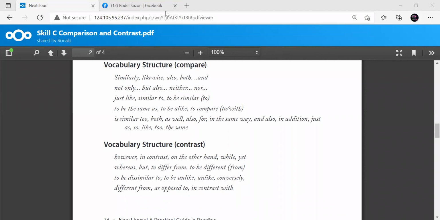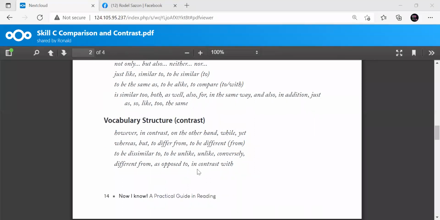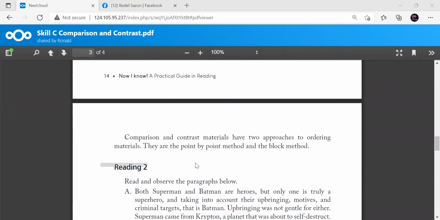So, these are the structures for contrast: however, in contrast, on the other hand, while, yet, whereas, but, to differ from, to be different from, to be unlike, conversely, different from, as opposed to, or in contrast with.